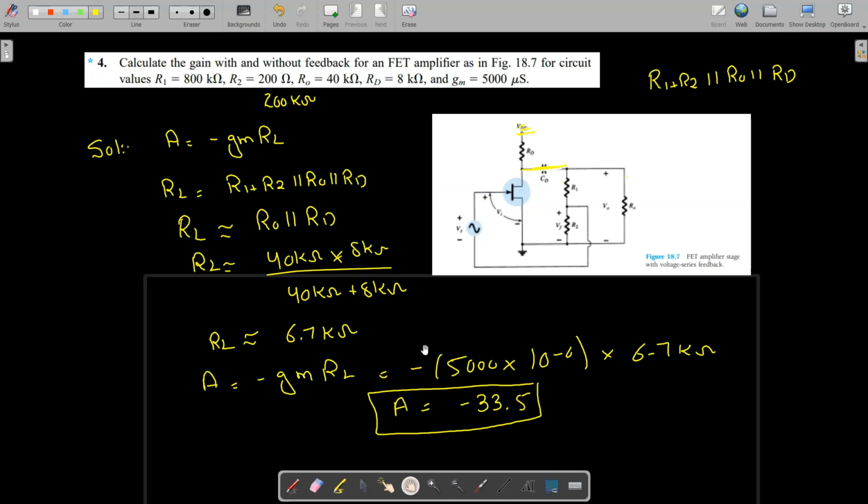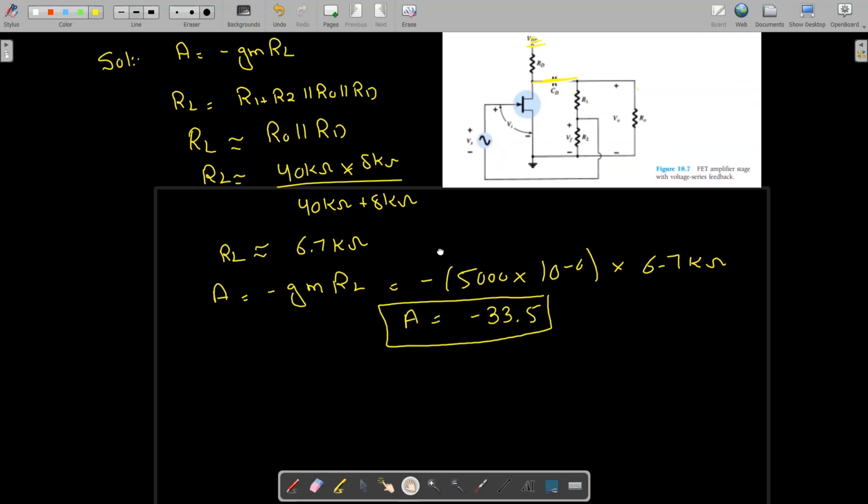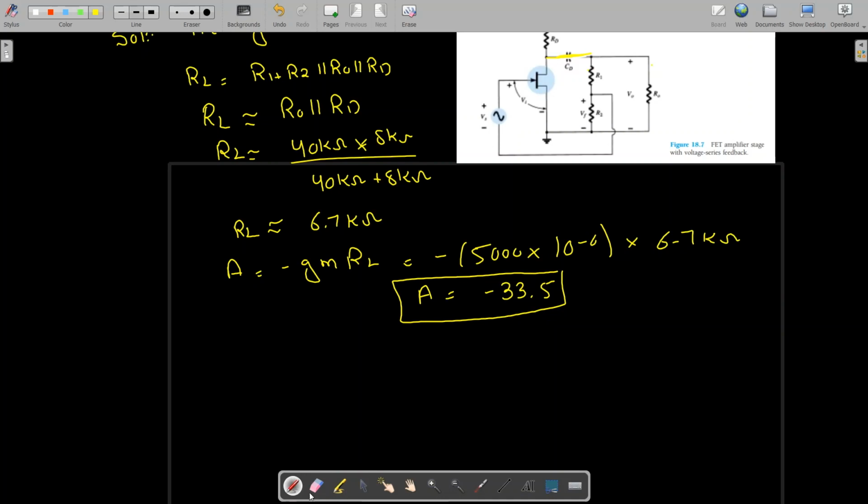Now let us find gain with feedback. To find the gain with feedback, we need to find the feedback factor beta, which in this case will be equal to -R2 divided by R1 plus R2, because beta is Vf divided by V0, and using the voltage divider rule, this is your Vf and this is your V0. So Vf will be equal to R2 divided by R1 plus R2 with the negative sign.